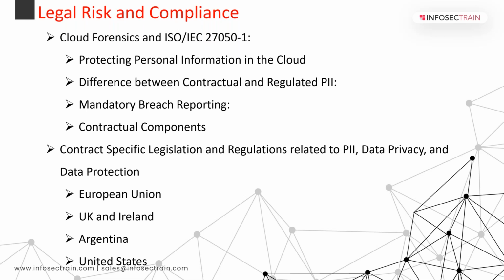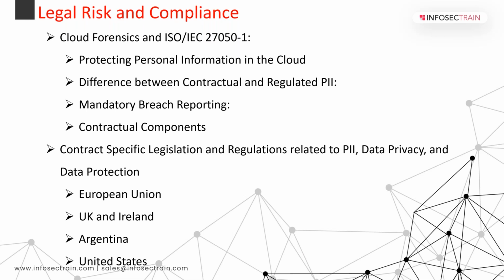In this context, you also need to understand the differences between contractual and regulated PII, which is personally identifiable information. In contractual PII, it is between the organization and the cloud service provider.